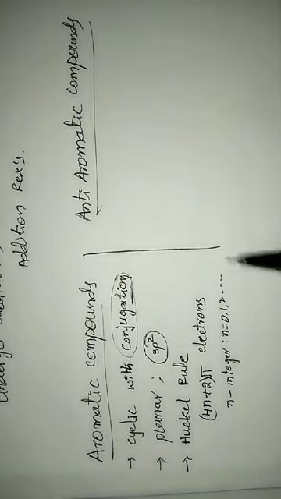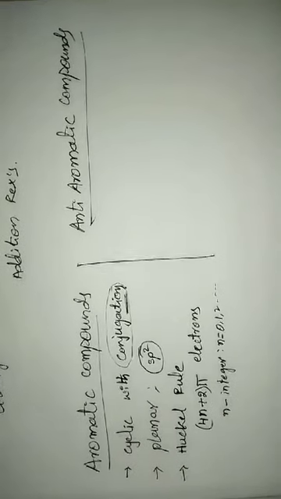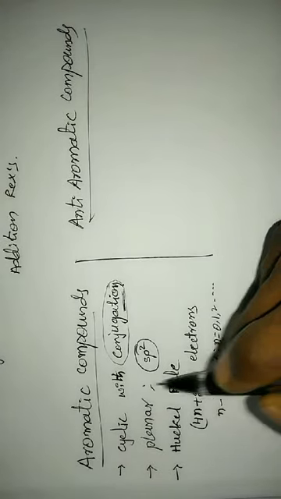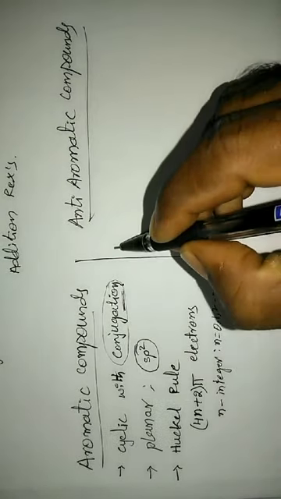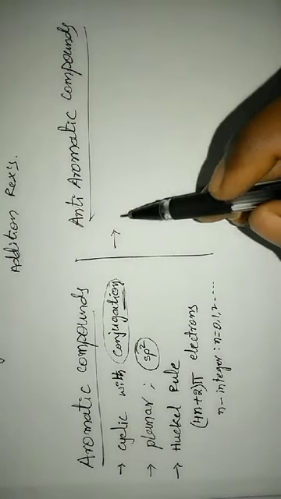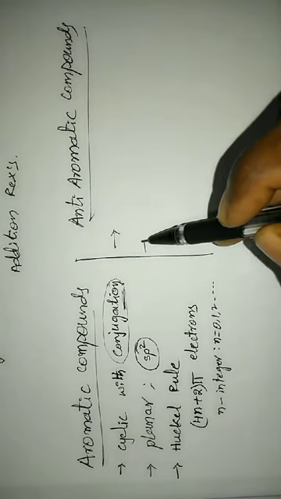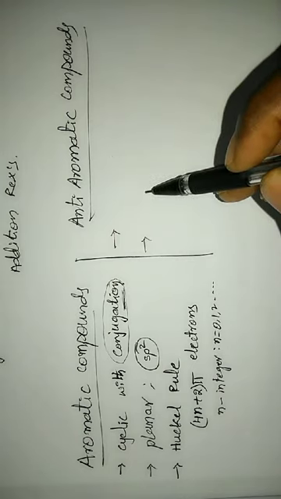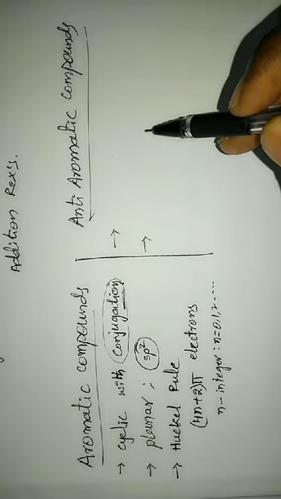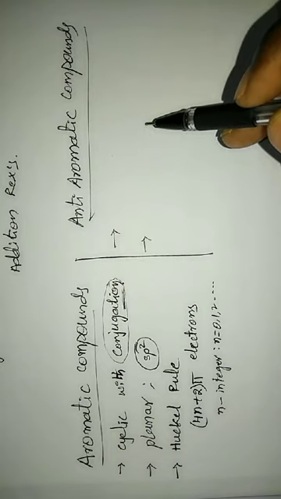Similarly, for anti-aromatic compounds, the first two conditions are the same. The molecule should be cyclic with conjugation, and the molecule should be planar, meaning all the carbons must contain sp2 hybridization.